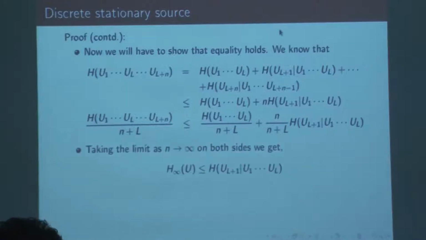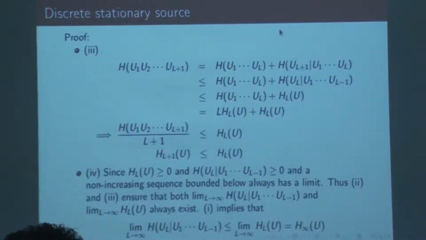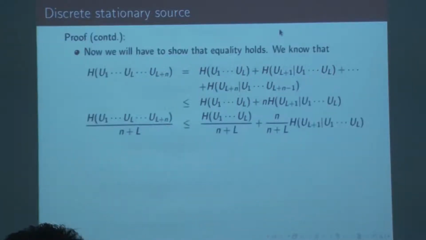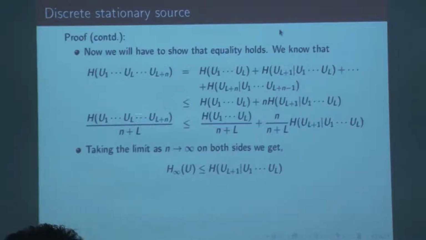Now, the trick comes. Instead of letting L go to infinity, we let n go to infinity first. If we let n go to infinity, what happens? This is a bounded term and this is going to infinity. So, this will be H infinity, which is the entropy rate.